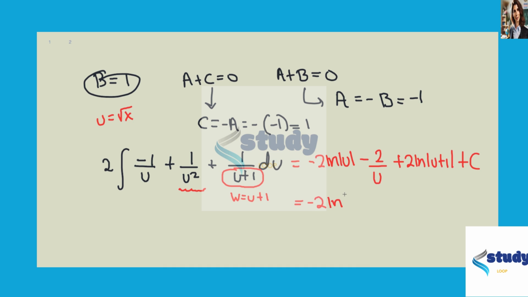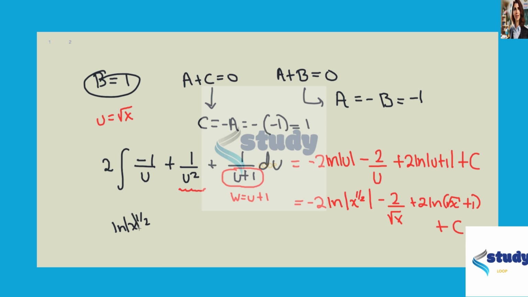And instead of writing square root of x, let me write x to the 1/2 here. And we'll see why in a second. And then we have 2 ln of square root of x plus 1. And here I'll drop the absolute value because 1 plus square root of x is always bigger than 0. And then plus c. So the last thing you could possibly do here is rewrite ln of x to the 1/2.